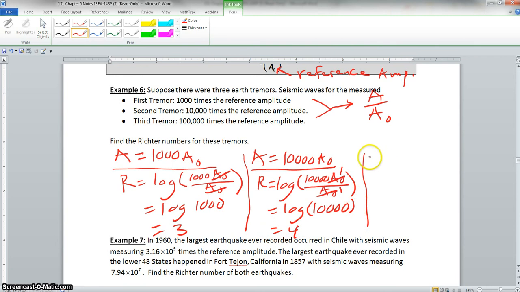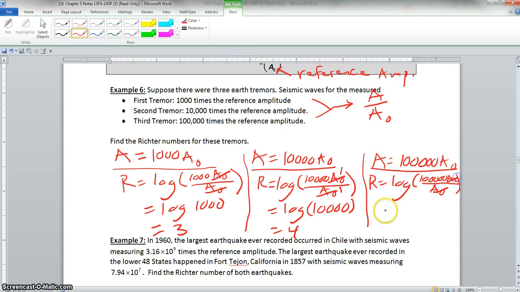Now we go to the last one. It's the same thing, except this time we use 100,000 times A of 0. So we will have R is equal to log 100,000 A of 0 all over A of 0.